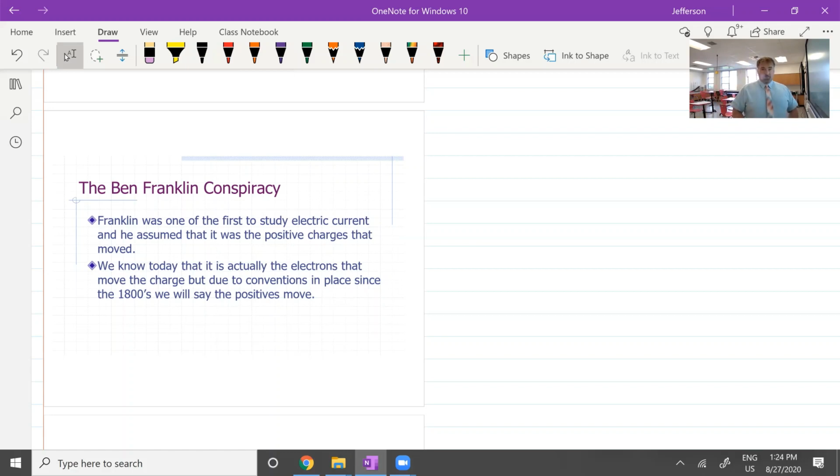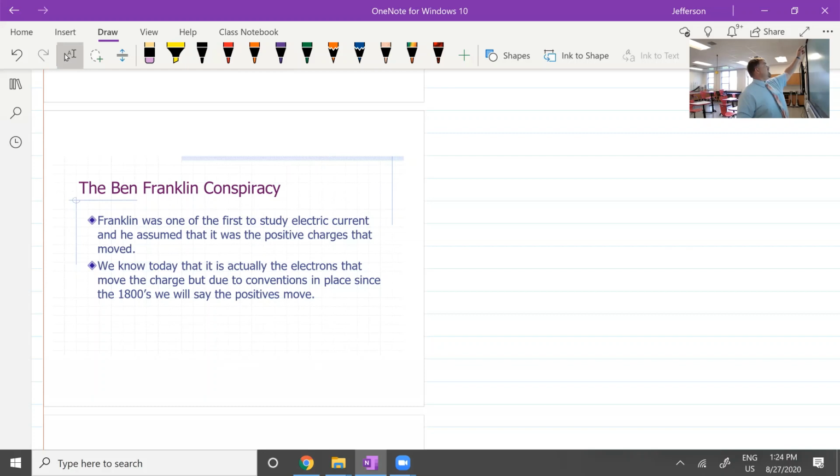Everything we do was based off of that idea that positive charges move. We now know that's wrong. Ben screwed up. But because of all the conventions that were in place, Faraday using a positive test charge, the positive plate being the higher potential, we still use that today.